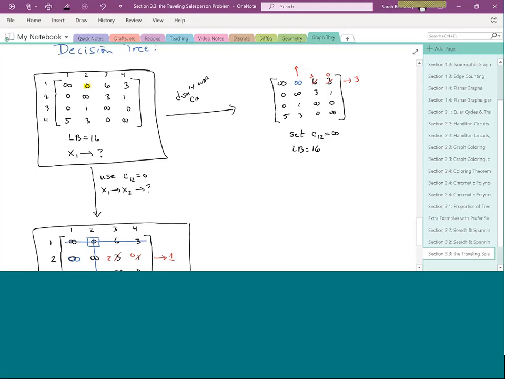Hopefully you're all thinking the smallest number in column 2 is the 1 right here. So if we subtract 1 from column 2, subtract 1 from the 2 infinities, no change. But if we subtract 1 from the 1 and the 3, what happens? They'll both decrease by 1, so we'll get 0, and we'll get 2. Do a quick double check, make sure I didn't mess up the arithmetic.